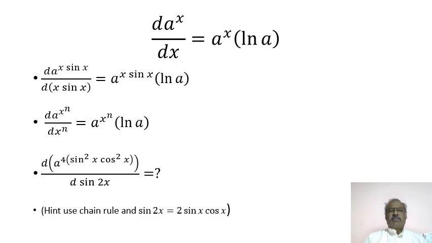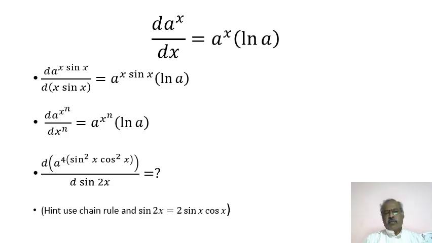The problem built is now: find the derivative of a raised to 4 sine square x cos square x with respect to sine 2x. So d/d(sine 2x) of a raised to 4 sine square x cos square x equals question mark is the question. This is solved by first recognizing that 4 times sine square x cos square x is equal to sine square of 2x.